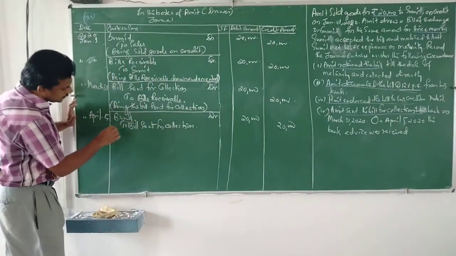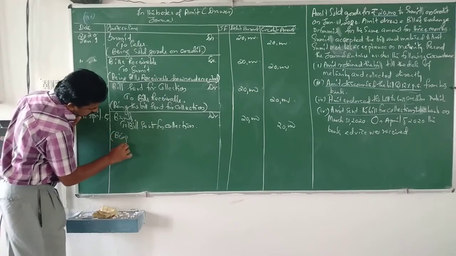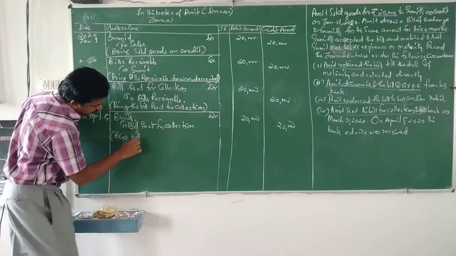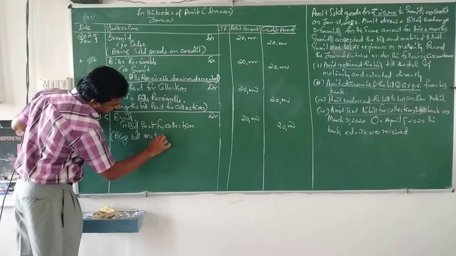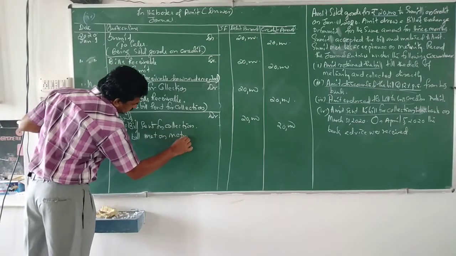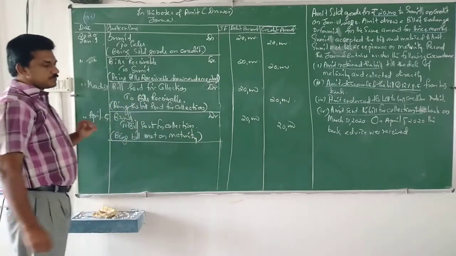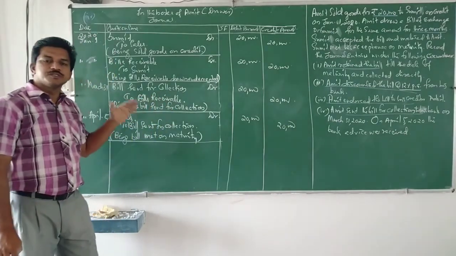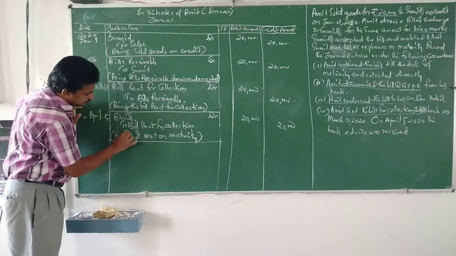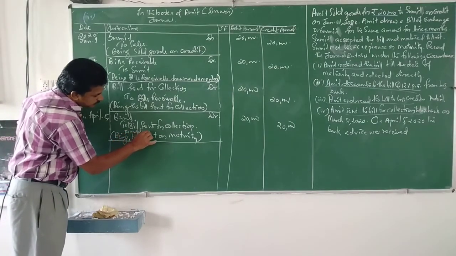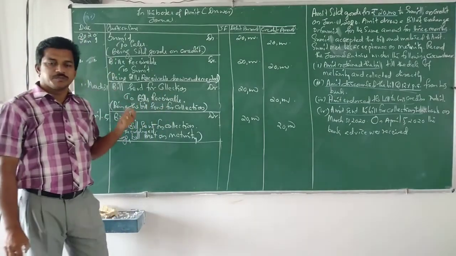Then we can write the narration being bill met on maturity, or being the endorsed bill matured on maturity.